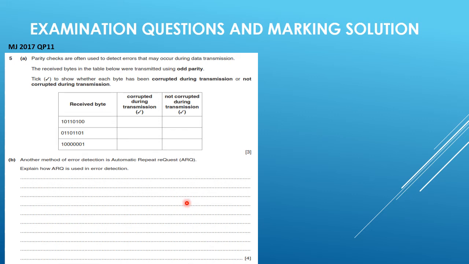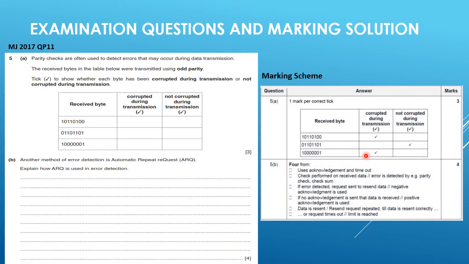For a quick recall, in automatic repeat request, we have the request, the acknowledgement, and the timeout, and the request is repeated until it gets the acknowledgement. Now let's see the answer for both of these parts.